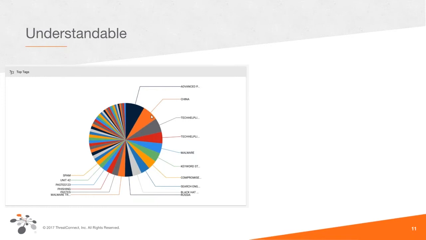This is just way too many things to stick into this chart. The colors are making my eyes bleed, and on a dashboard you should be able to drill down on it. So if I want to click in and see, okay, what's going on with Unit 42? Well, maybe I'm just not good with the mouse, but I'm having a very hard time centering on this to be able to click on it. This is not an understandable way to present this information.